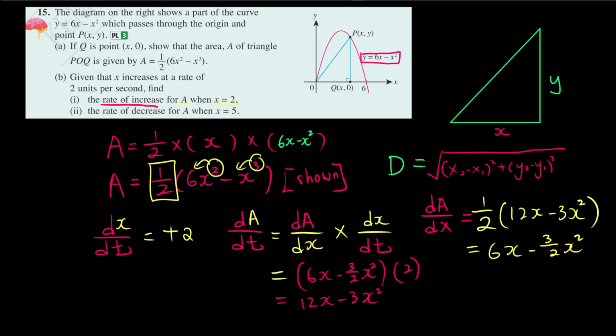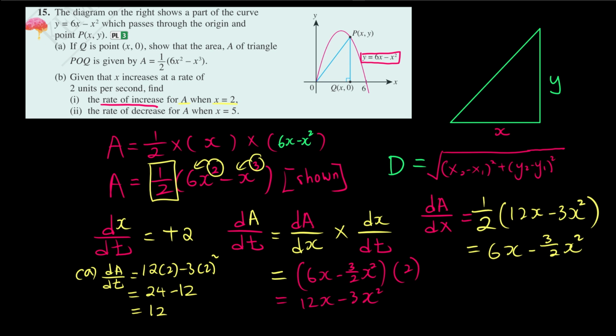But now we are left with only x. Since question A, they said that when x is equal to 2, we can just substitute x with 2. So the answer for A, dA over dt when x is equal to 2, by using calculator, we have 24 minus 12, then we have the answer as 12.